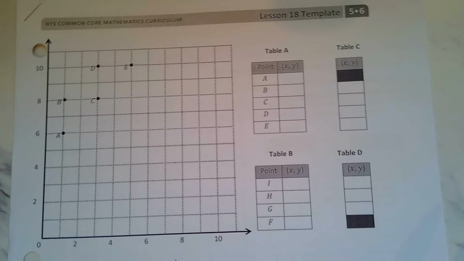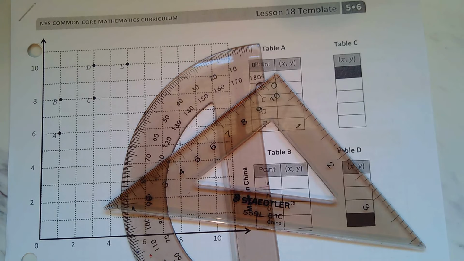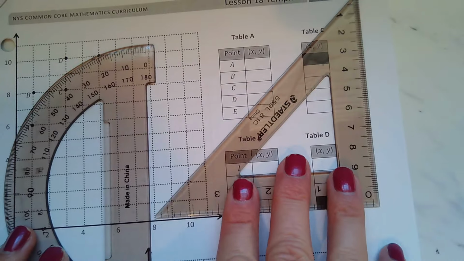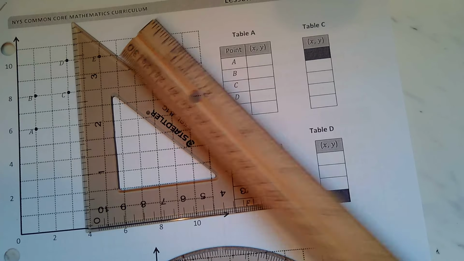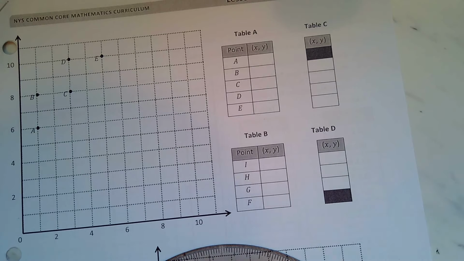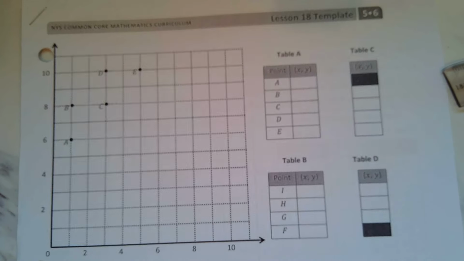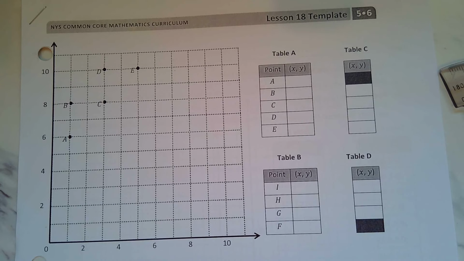And that's what you're going to need. Probably a straight edge, or this little straight edge here. Or you can even have a ruler. And if you want to have different colored pencils, you can do that as well. So when you come back for part 2 of Module 6, Lesson 18, you're going to need this and your tools.